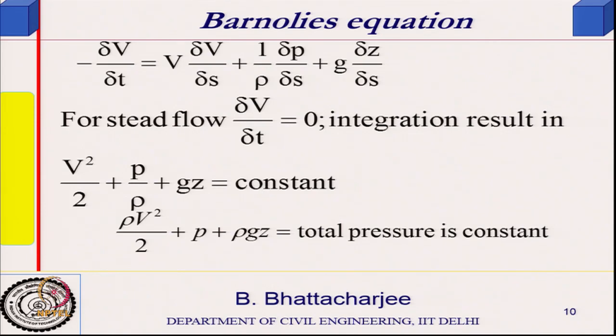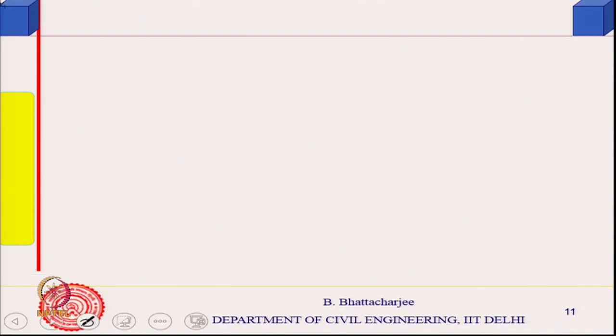Rho V square by 2 is pressure in pressure unit, and in head unit it will be something like this.